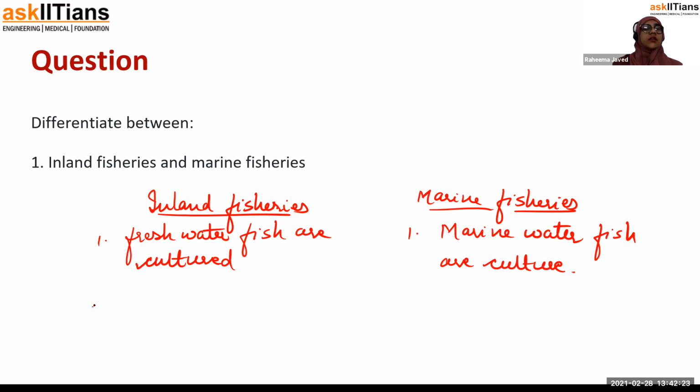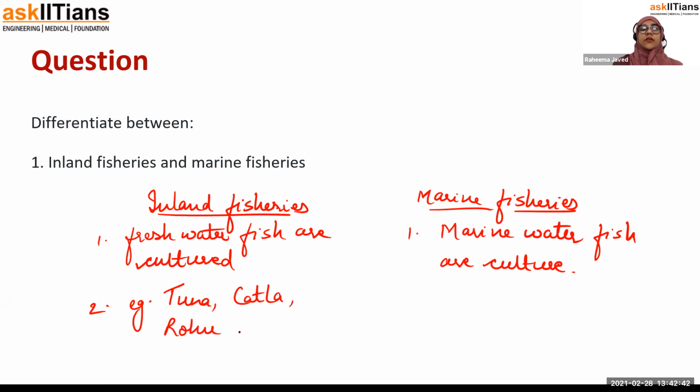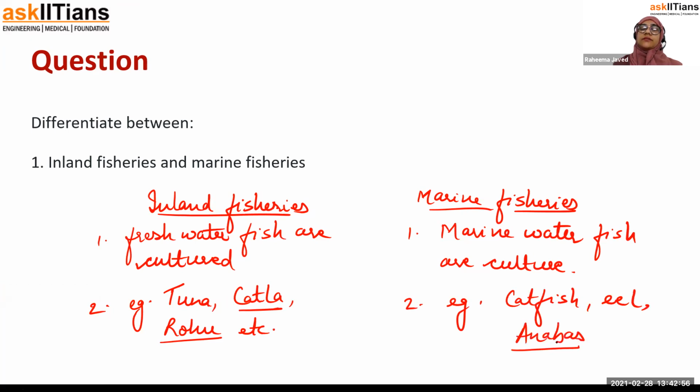And one difference you can give is about the examples. Like tuna, catla, rohu, etc. They are the examples. And here the examples will be catfish, eel, anabas, etc.